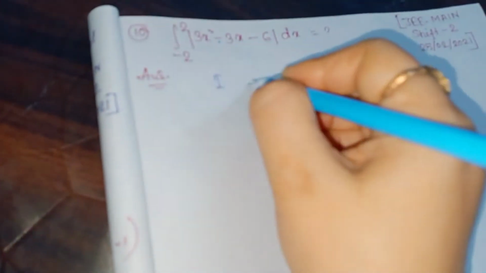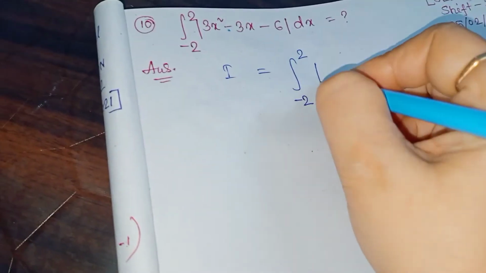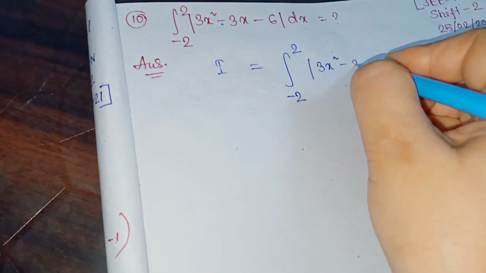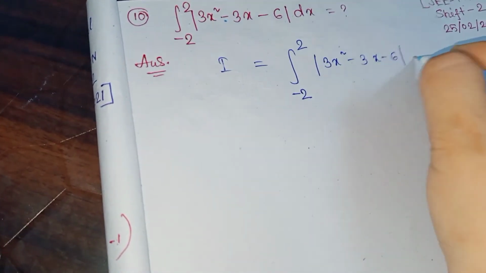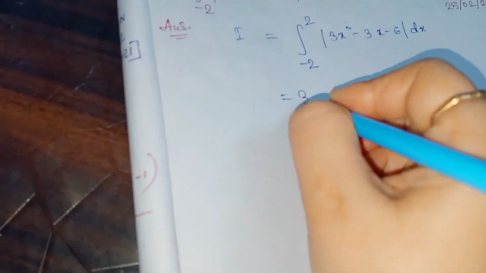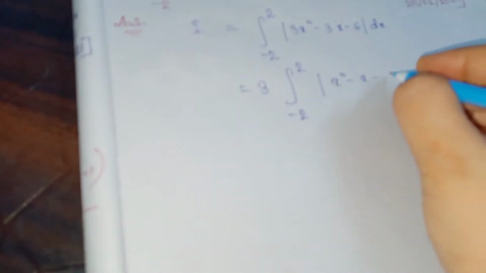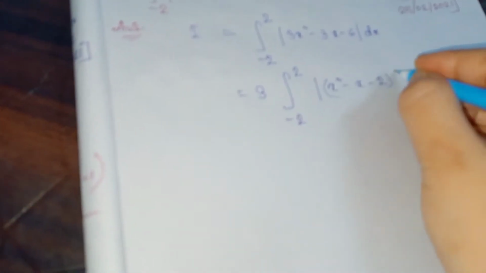At first, I let I be the integral from minus 2 to 2 of mod of 3x square minus 3x minus 6 dx, as given here. So 3 is common: 3 times the integral from minus 2 to 2 of mod of x square minus x minus 2 dx.